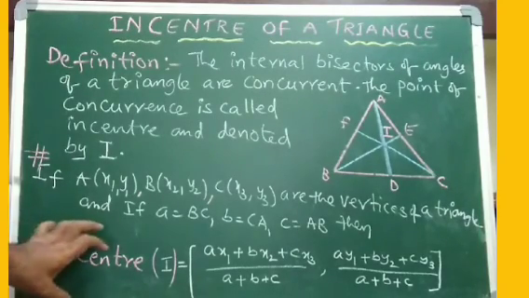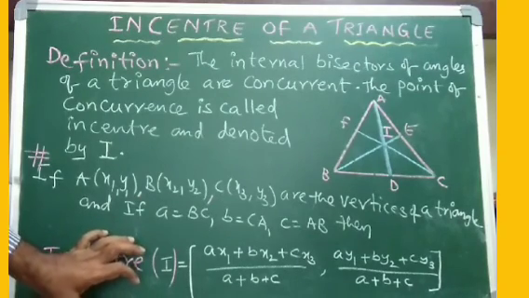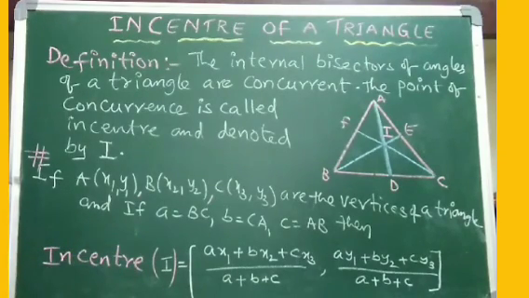So please remember, this is the formula to find the incenter of a triangle. Irrespective of any type, maybe a right angle triangle, or other than right angle, or an equilateral triangle, no problem, you can go with the same formula.